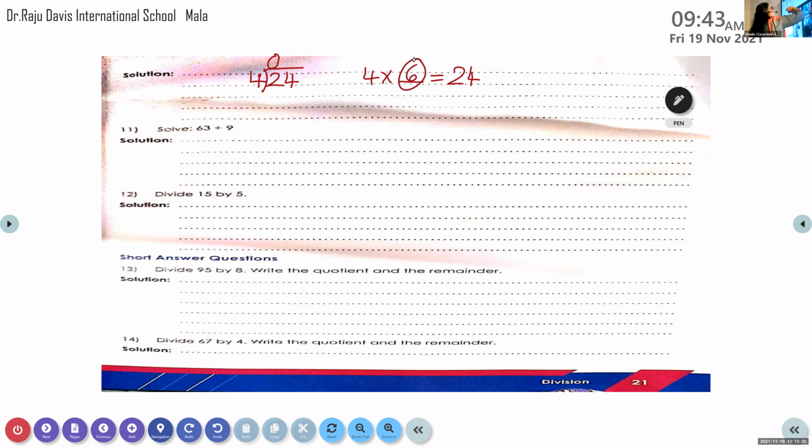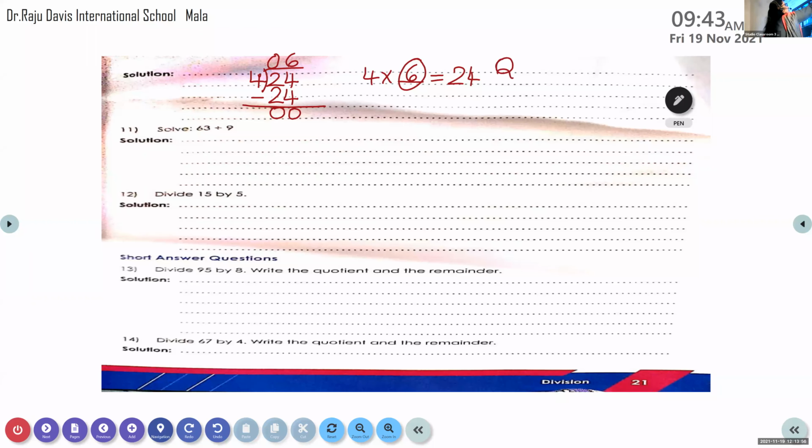Where will the 6 go? Up on top. Yes. And the product 24, write it down below that 24 and subtract it. 4 minus 4 is 0. 2 minus 2 is 0. Yes. So the answer is 6.